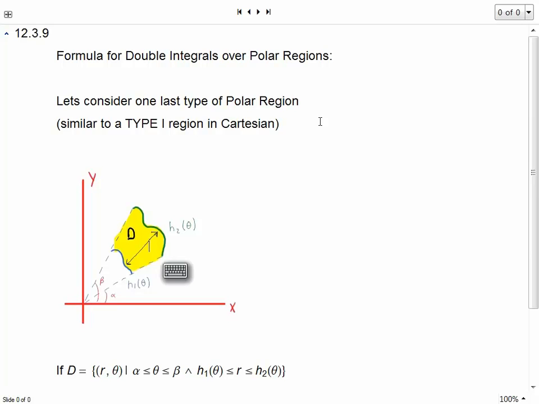You can fix your theta between two constants, so my theta goes from, say, alpha to beta. But now your radius is variable. Your radius depends on what your angle is. If that happens, you get what would be considered almost like a type 1 region in polar.